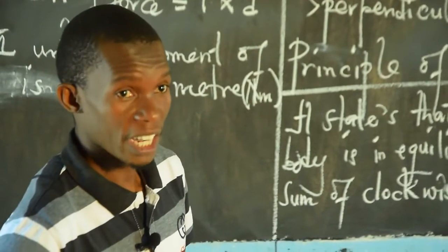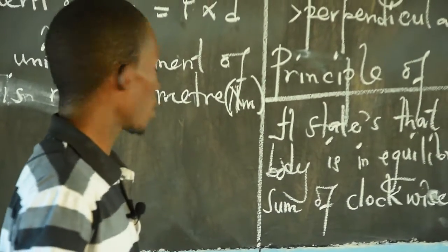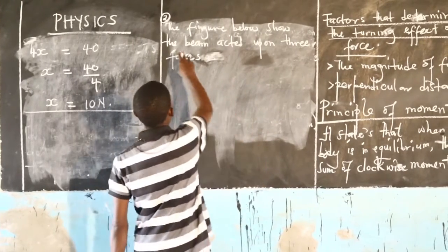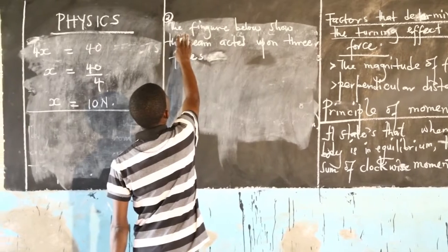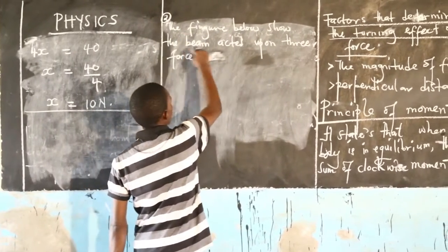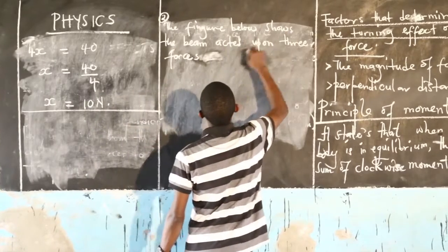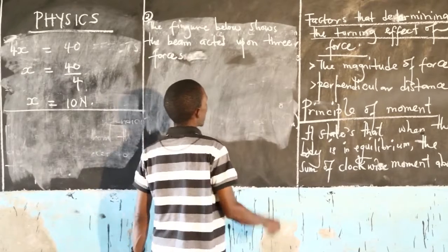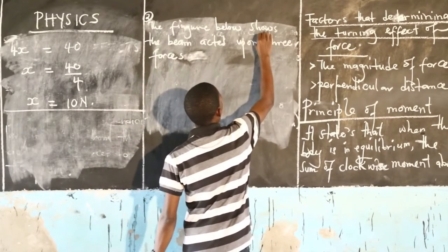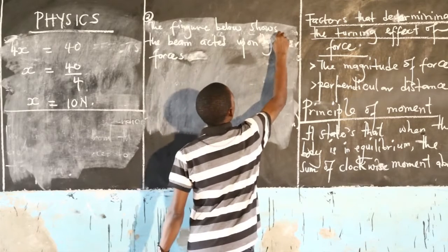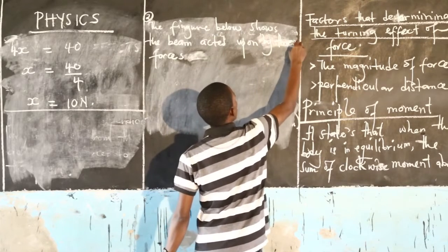So, we are going to try another example. Okay, now we are saying the diagram, the figure below shows the beam acted upon by three forces.